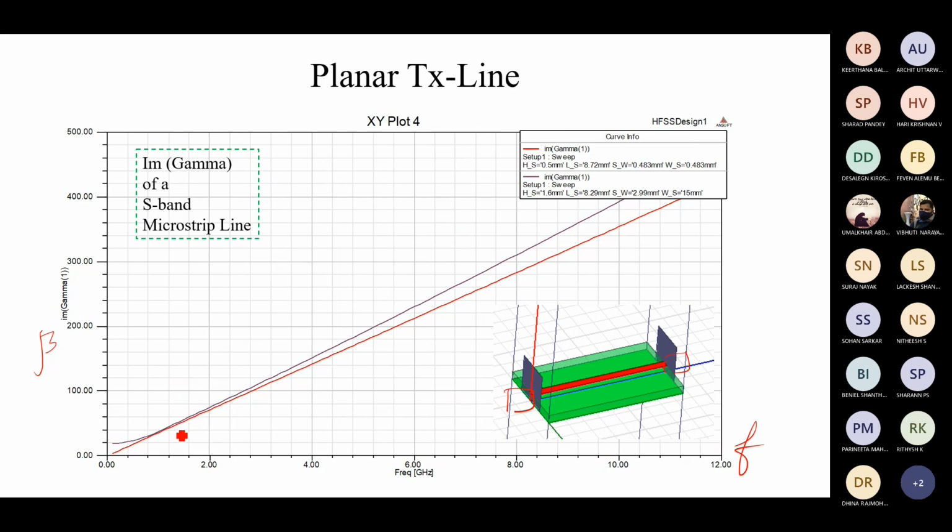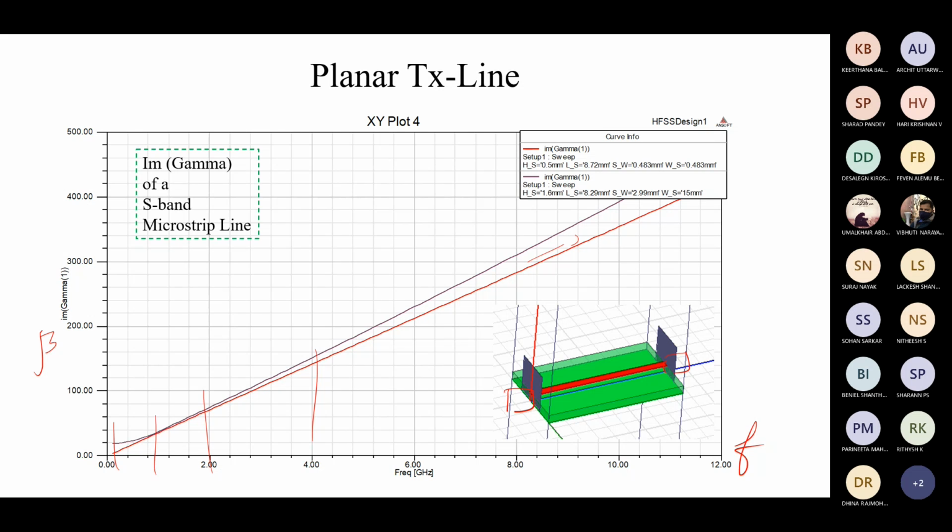This is why this planar transmission line is often referred to as a universal transmission line, and can be used for almost all frequencies, from low frequencies to microwave frequencies, and it keeps on going. Even recently I have seen that in terahertz also people are using the same type of planar transmission lines.